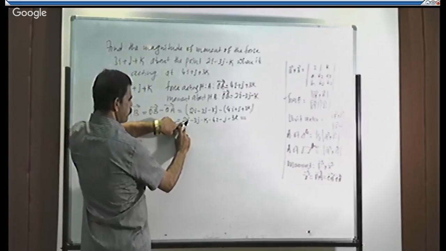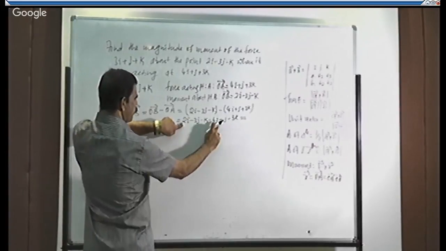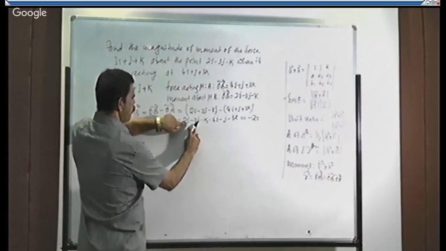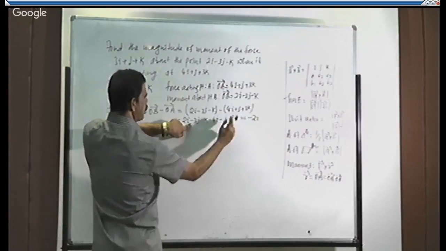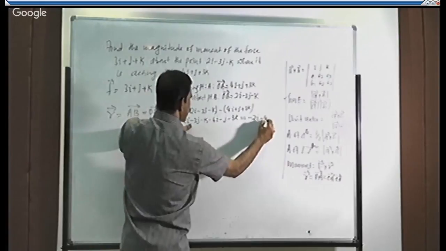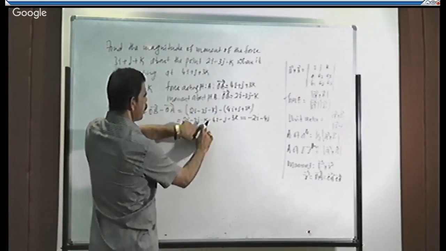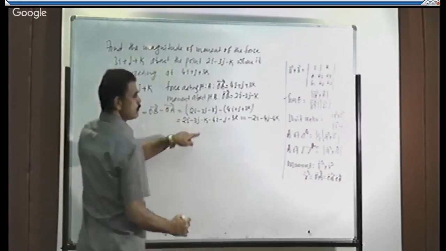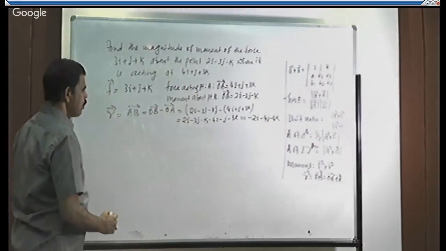Taking this simplification, 2i minus 4i is minus 2i. Minus 3j minus j is minus 4j. Minus k minus 3k is also minus 4k. So we got our value.